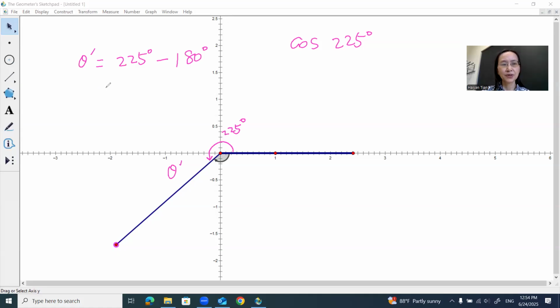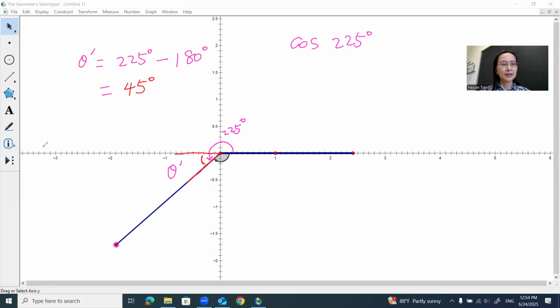If we subtract 180 from 225, then we can get the reference angle, which is formed by the x-axis and the terminal side of the given angle. So this is the acute angle theta prime, formed by the terminal side of the given angle and the x-axis. We find it is 45 degrees.